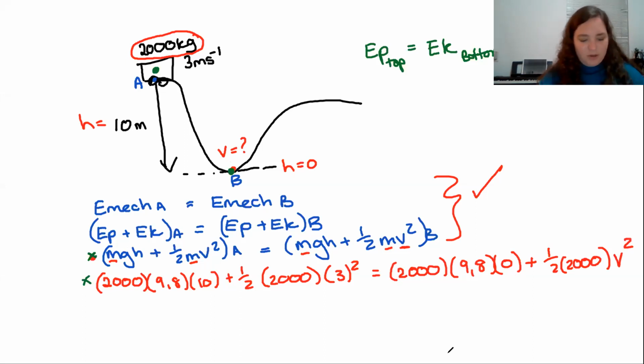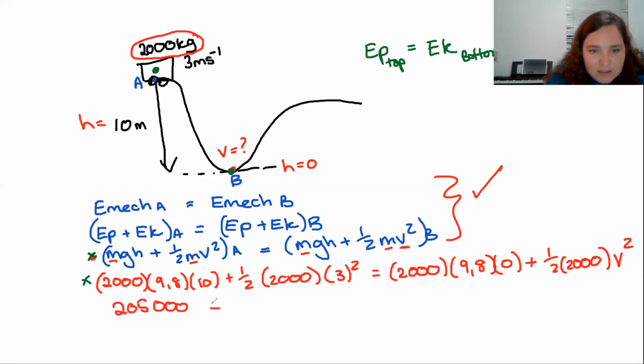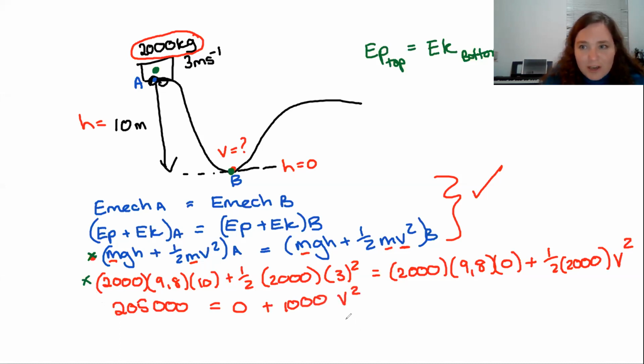Okay, so we'll have 2,000 times 9.8 times 10 plus a half times 2,000 times 3 squared. Provided, you're going to have to shout if I've messed up my calculator, I got an answer of 205,000. I'm not going to repeat the calculations because I don't want to waste time. That's 0 plus 1,000 V squared. Okay, I'm assuming I got that right since nobody's yet corrected me, and I'm assuming you're all doing this at home as well.